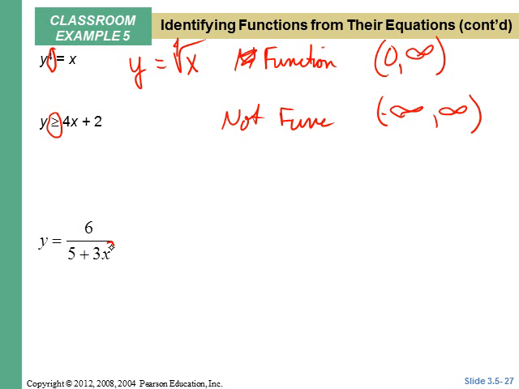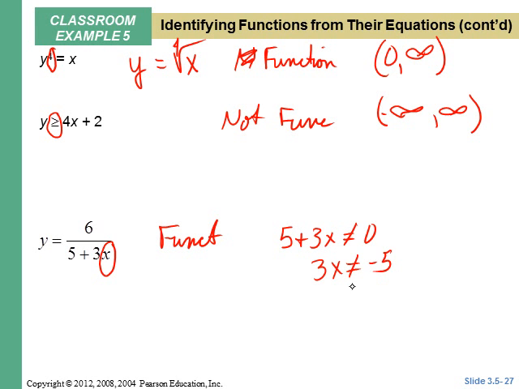This one, the denominator can't be 0. Okay? So it is a function, but 5 plus 3x does not equal 0. 3x does not equal -5. X does not equal -5/3.